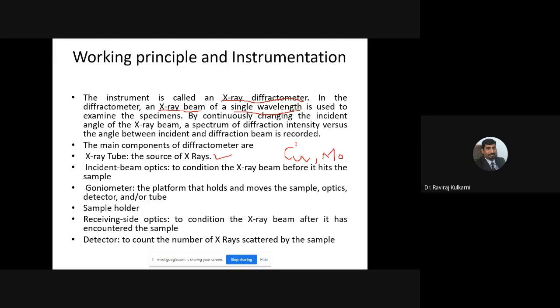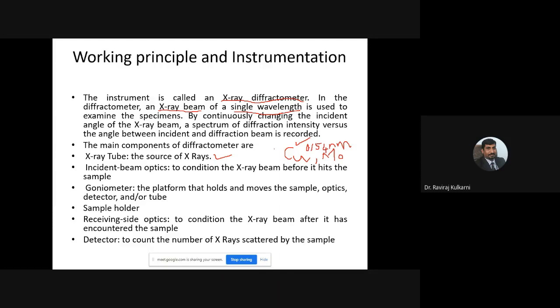The commonly used cathode is copper. For copper, the wavelength is 0.154 nanometer. What is the wavelength of XRD?